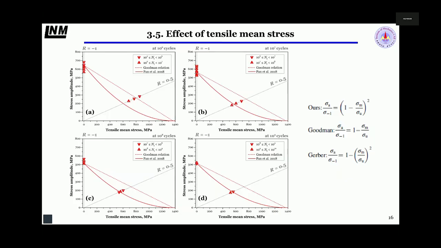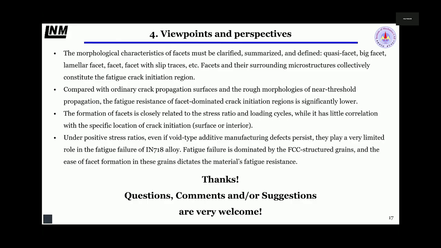So the facet formation very strongly deteriorates the fatigue resistance in the very high cycle fatigue regime. That is the main conclusion. I hope to stop here.